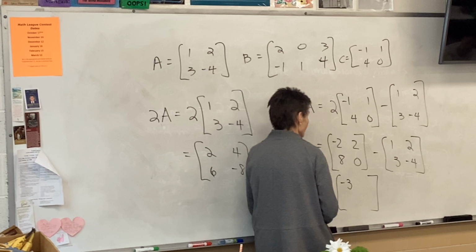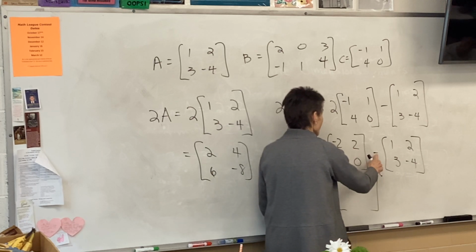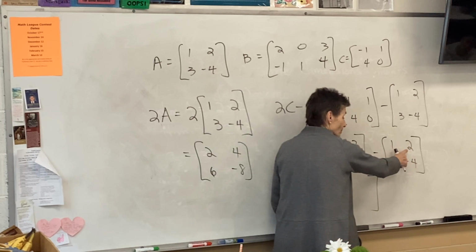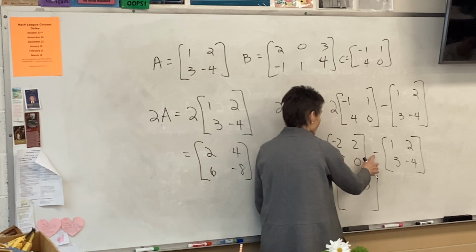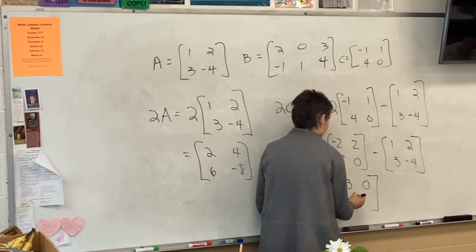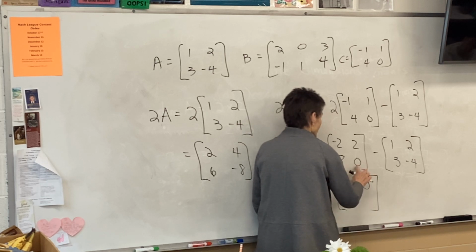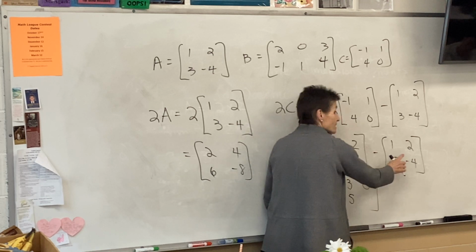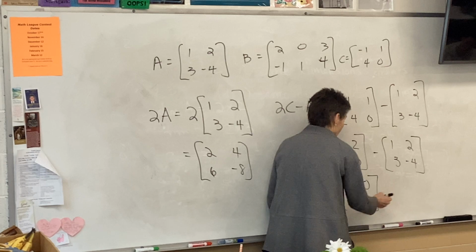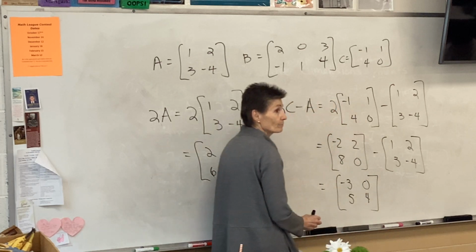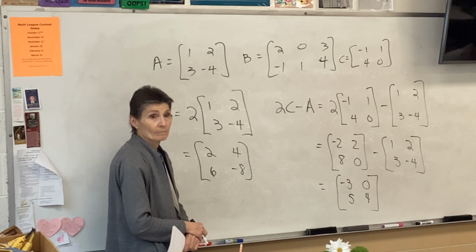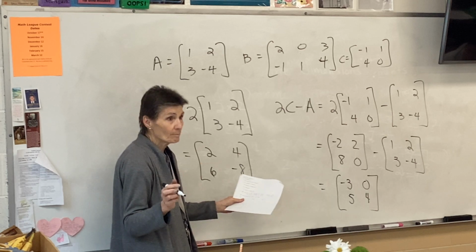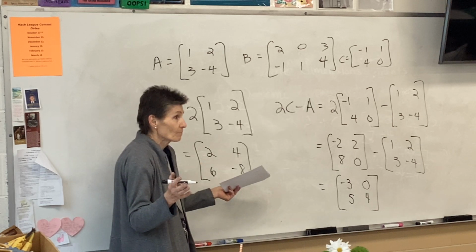Negative 3. 2 minus 2. 8 minus 3. 0 minus negative 4. 4. Easy enough? Brand new, but easy.